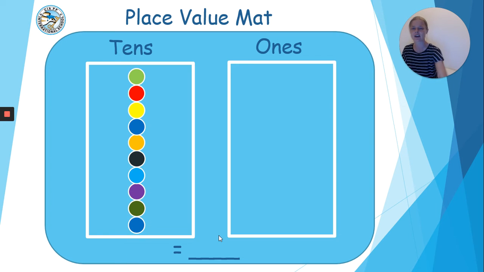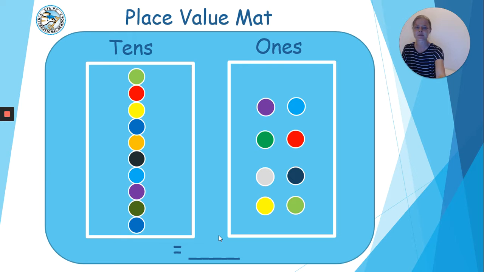How many are in here? How many tens? Very good. Easy peasy, just 1 set of tens. How many ones can we see? Can you count them? How many ones? Well done. Yes, there's 9 ones.